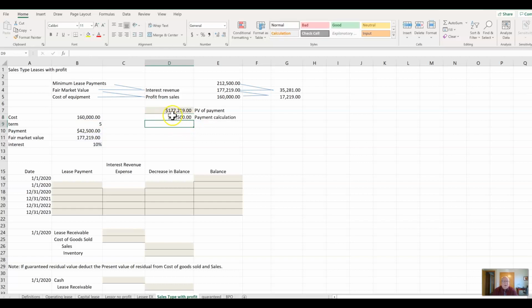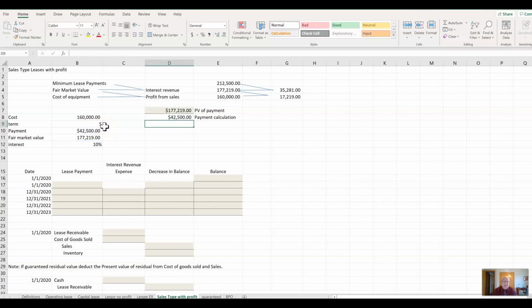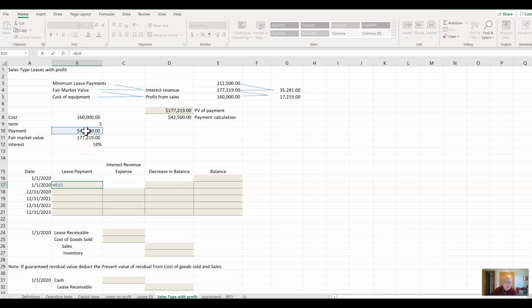So, okay. What we have here, this is the present value of the lease payments. Okay, so it's the 10%, $42,500 for 5 years. Okay, so that's our payments that we may have. So with that, it's the present value of the payments, I'm sorry. The payments are the $42,500, and that's consistent all the way down for the 5 years.